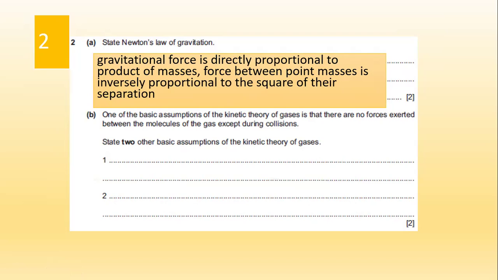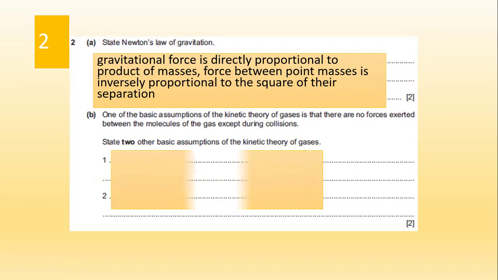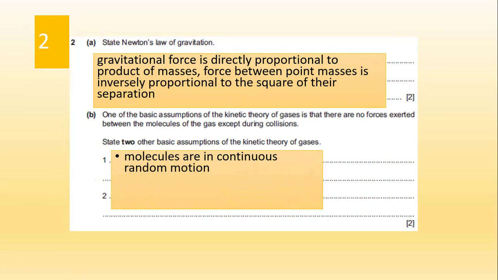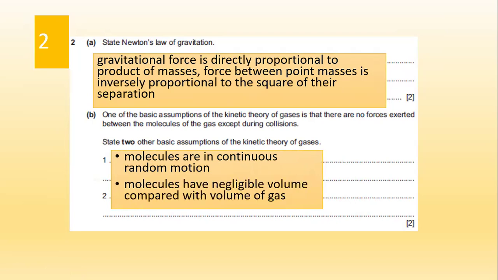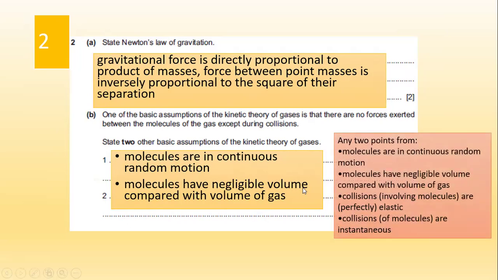Second one. Collisions are completely elastic. Okay, molecules are in continuous random motion. Molecules have negligible volume compared to volume of the gas. Collisions involving molecules are perfectly elastic. And then collisions of molecules are instantaneous.